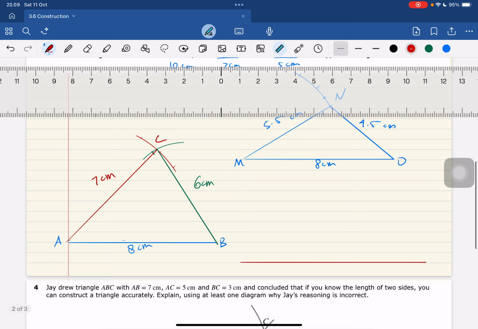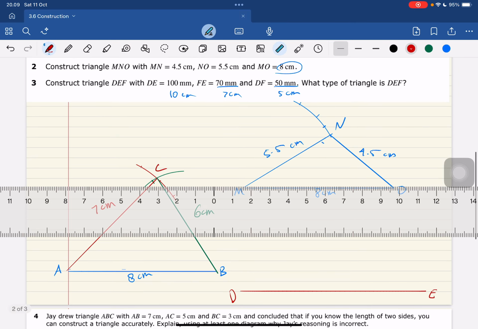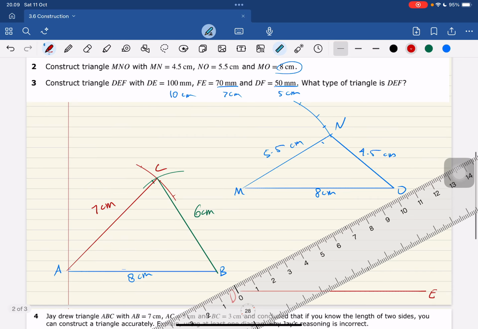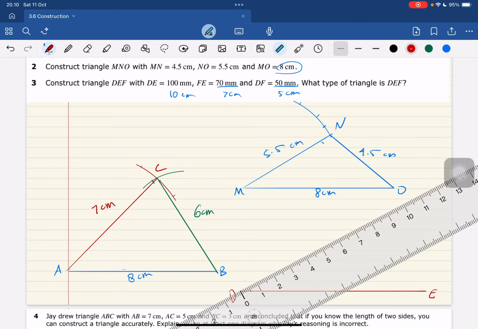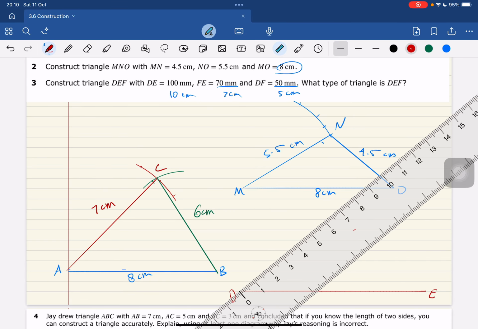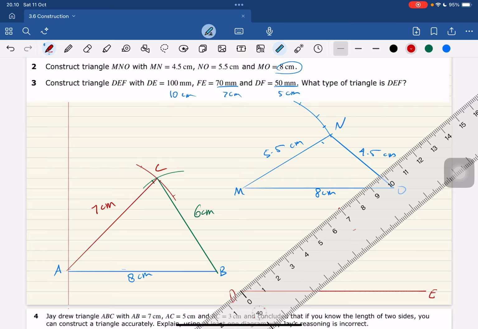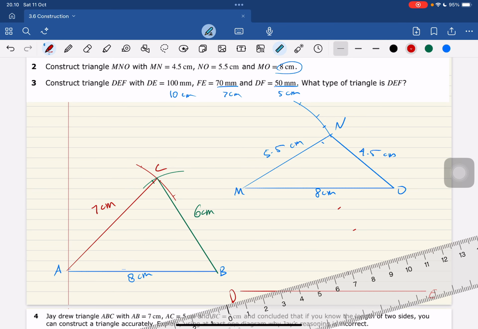So this is DE. Let's find the arc for 7. So 7 can be somewhere here, or can be here. Okay, I think there it is. Yeah, the arc of 7.